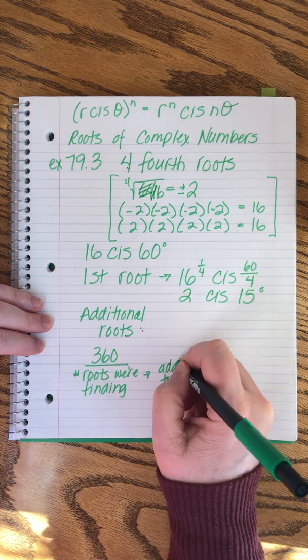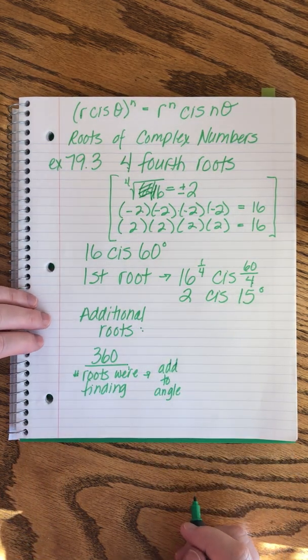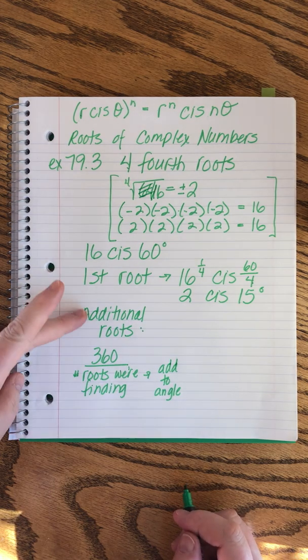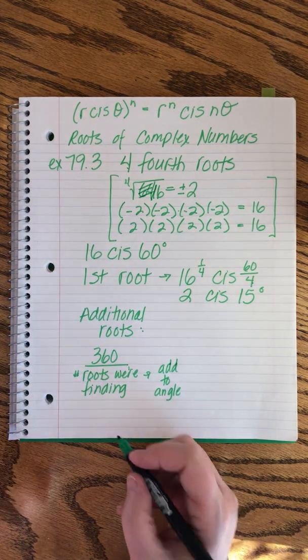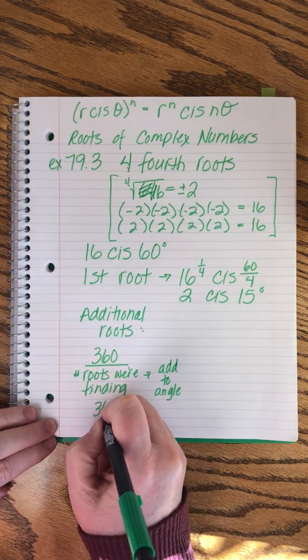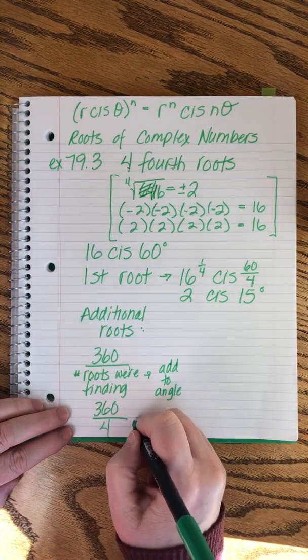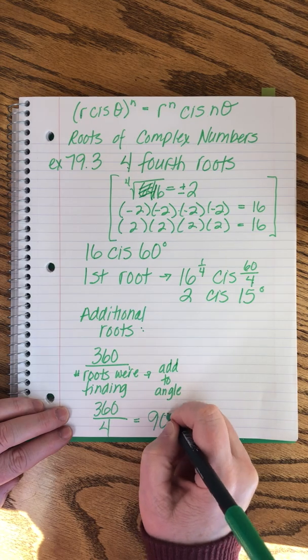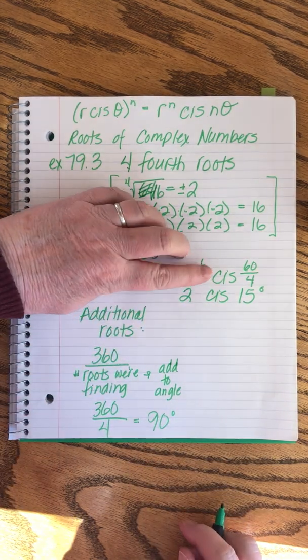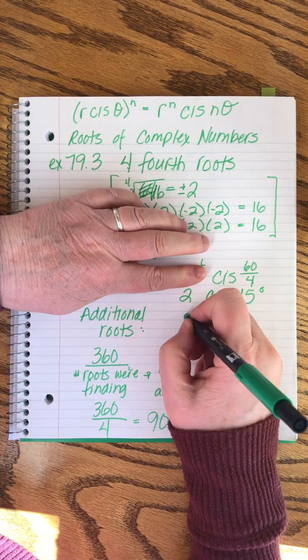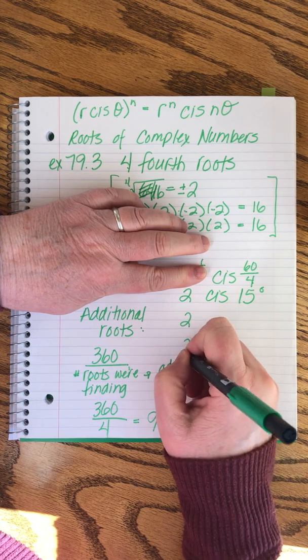And you'll see what I mean. Words always make it sound harder. In our case, the number that we're going to add is 360 divided by 4, because we're finding 4th roots. So that means we're going to add 90 degrees to our angle. So this is the first root, and this number stays the same.